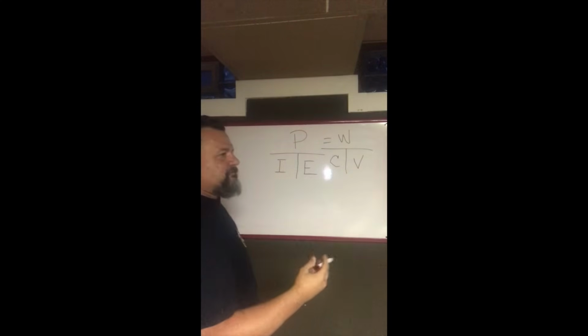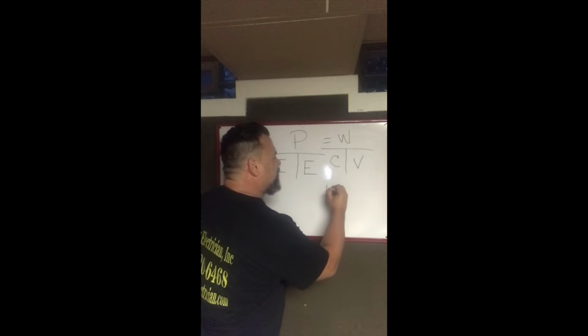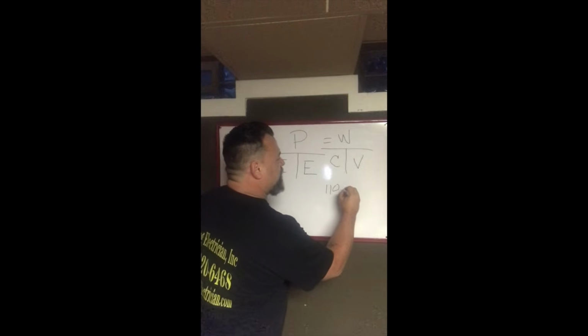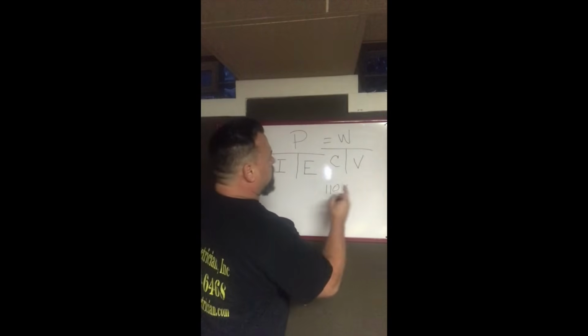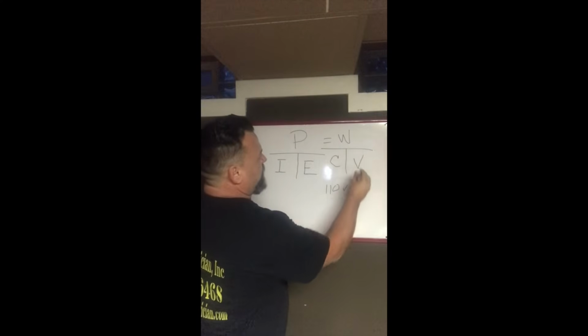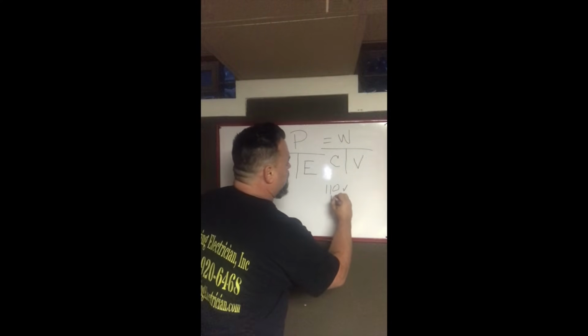So let's say I have a 15 amp circuit, where it's 110 volts, but it's a 15 amp circuit. So 110 volts times 15 amps.